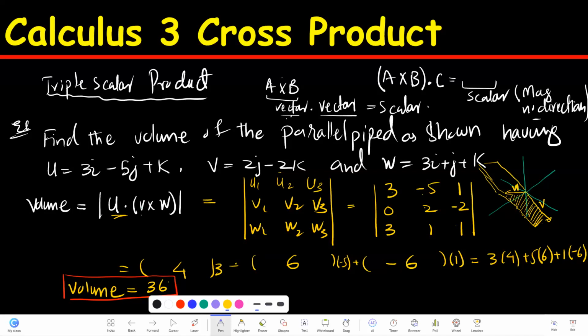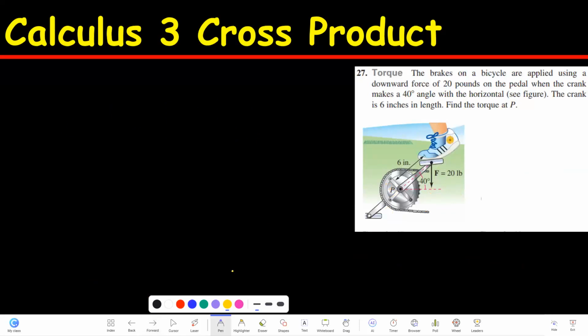Now let's move on to the application of cross product. Let's take a look at another problem. In this problem, we are talking about the application of cross product.